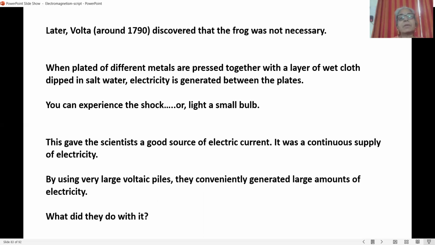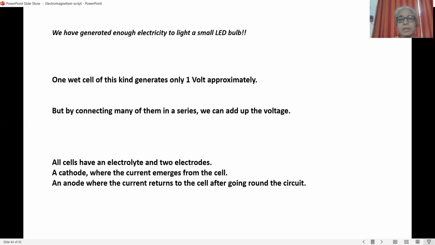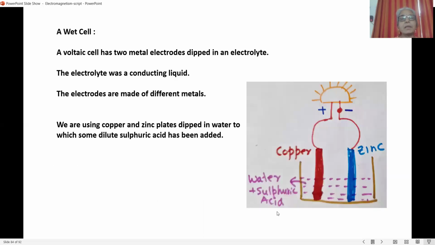Galvani thought that the dead wet frog was necessary for generating electricity, but Volta, around the same time, discovered that the frog was not necessary. What he discovered was that when you placed two different metals with a conducting liquid in between, then these two metal sheets or plates behave like two terminals of a cell.